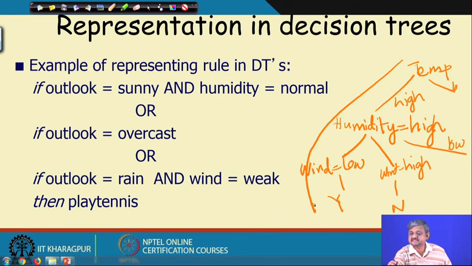Or maybe some other part, temperature equal to low and humidity equal to low and say wind equal to high, then maybe yes again. So, or that. Basically what I am doing is writing down a set of AND/OR rules in a pictorial, diagrammatic manner, that is all.